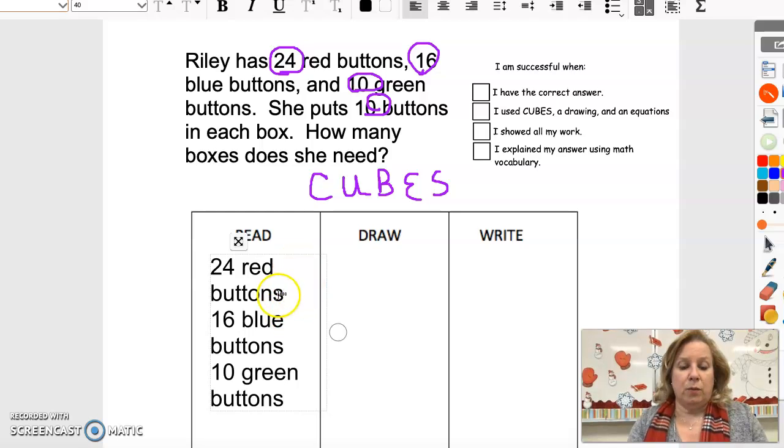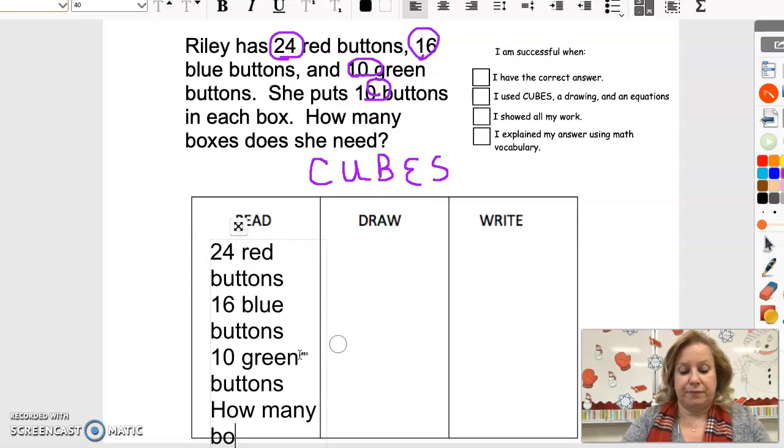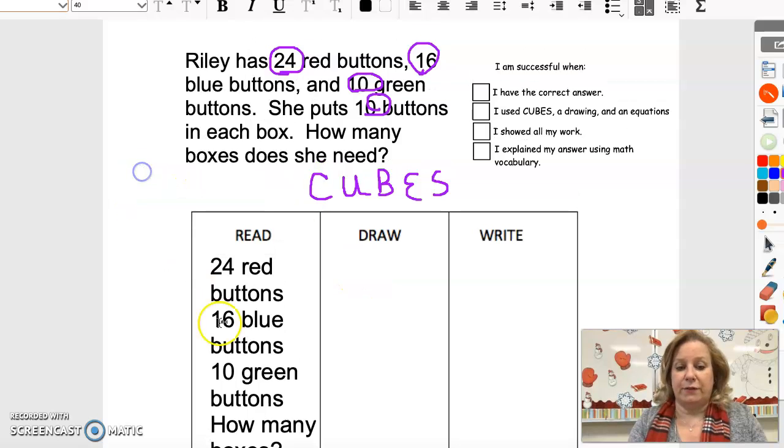And then what I like to do is when I'm reading this, I like to reread my question and write it down here also, just so that I have it in my read, draw, write. So how many boxes does she need? So it's how many boxes? And that starts to get me thinking about what kind of problem this is and what I have to do here.